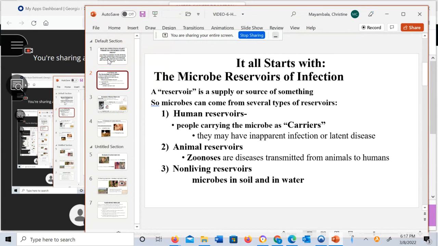If you come close to someone who has a microbe that is in the air, they're breathing it out, and you're in that general air environment close enough to them, then you could pick up that particular pathogen by sharing the same airspace as that person, which is why we're practicing social distancing.